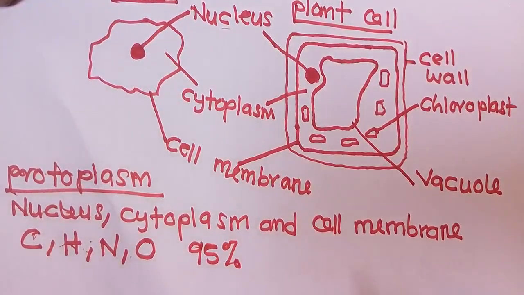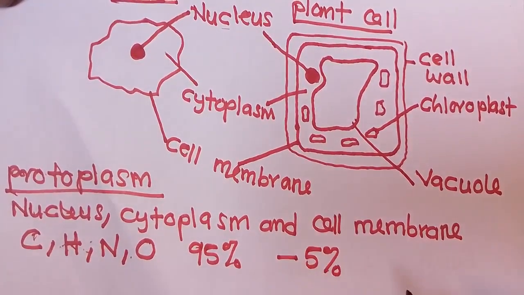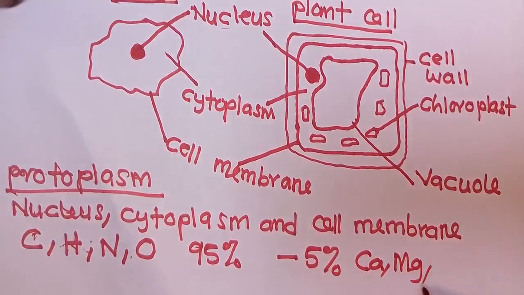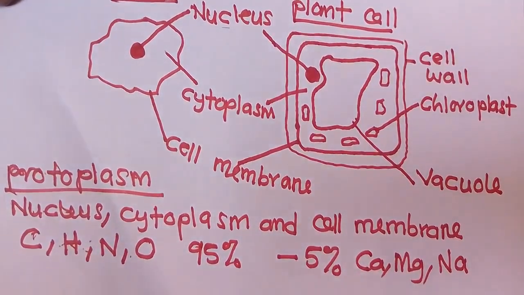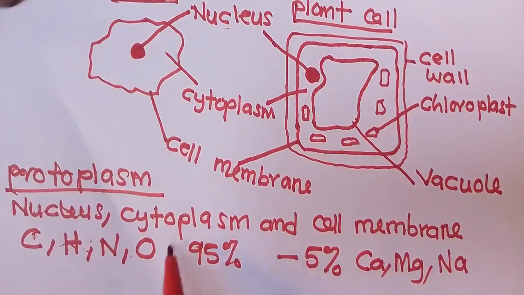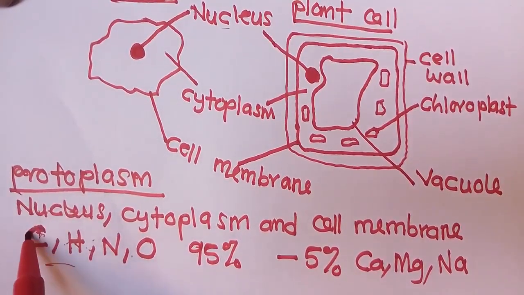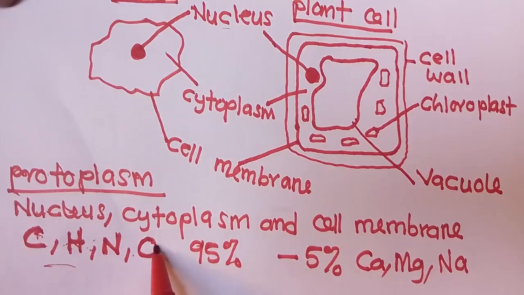The other 5% is given to calcium, magnesium, sodium, just to list a few, potassium, sulfur, iron. But 95% is occupied by these 4, which are carbon, hydrogen, nitrogen, and oxygen.